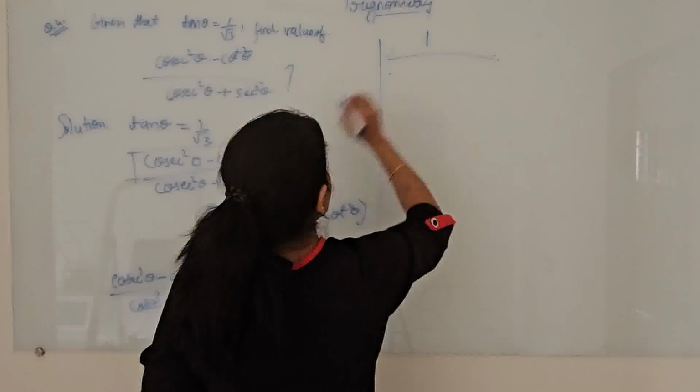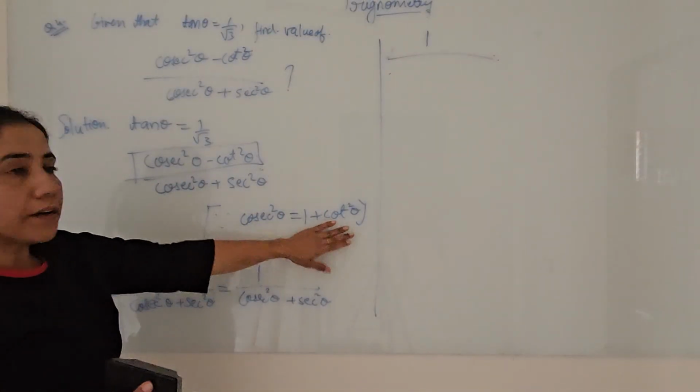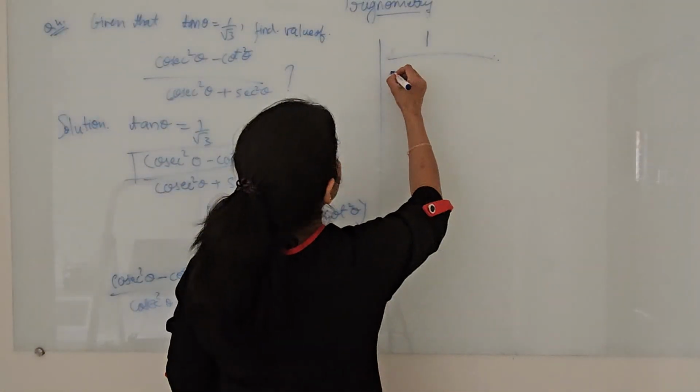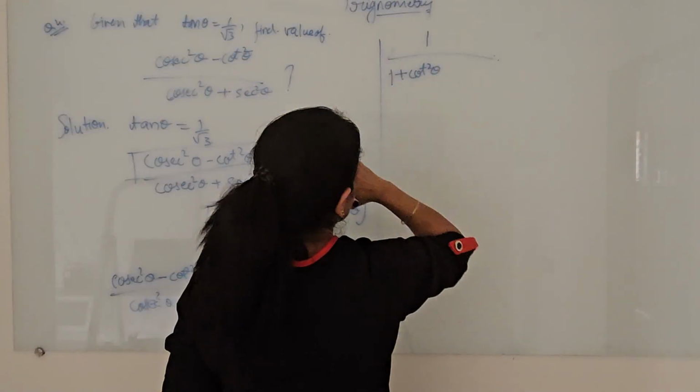So cosec^2 theta, I can use this identity and write it as 1 plus cot^2 theta.